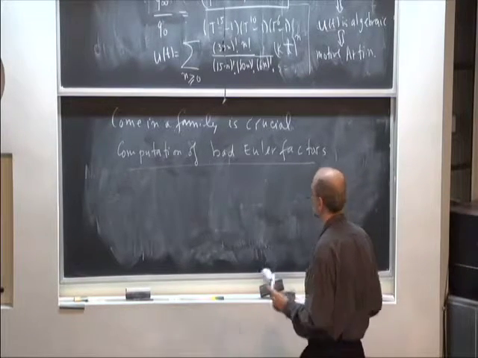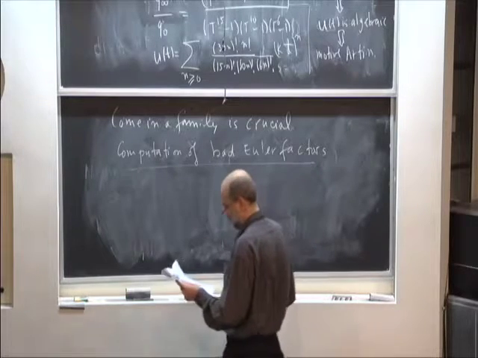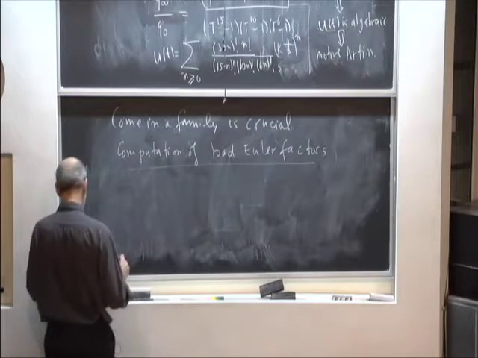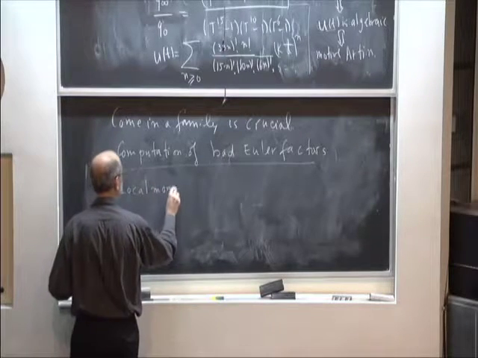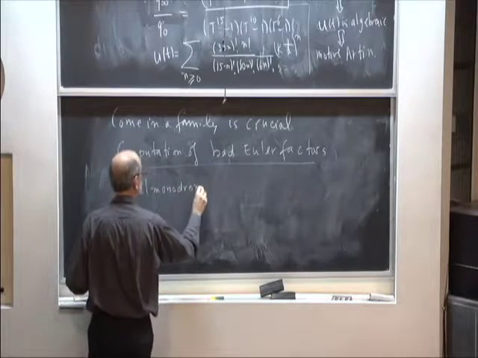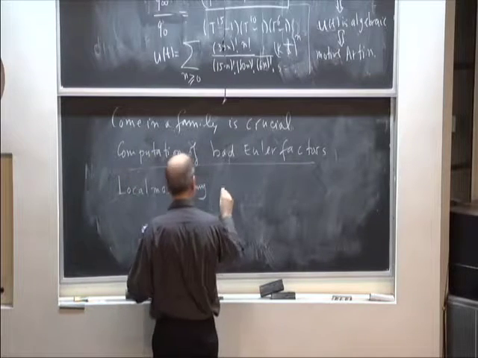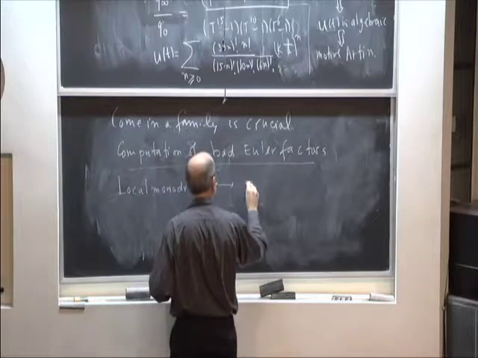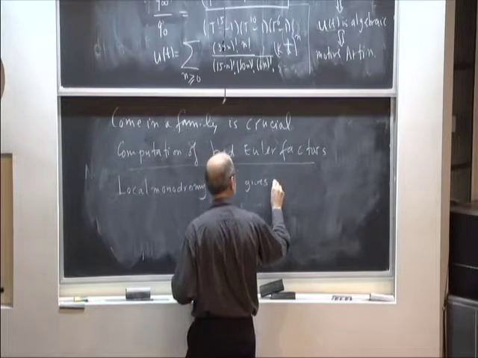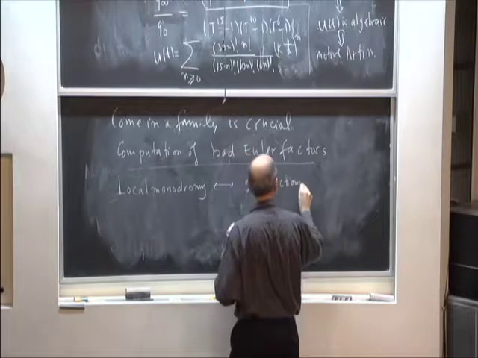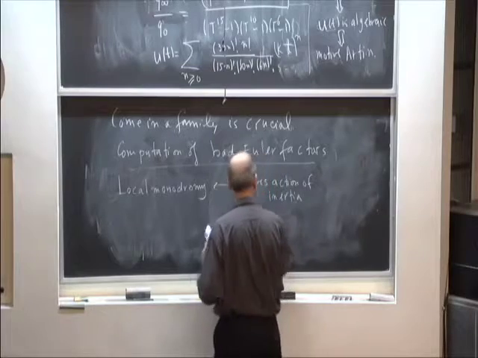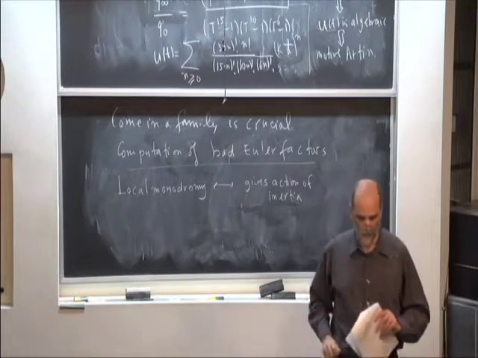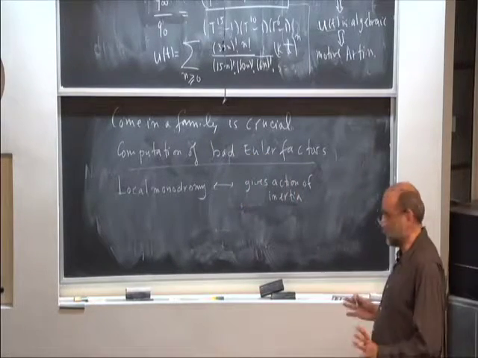I don't know how to do it in general. But let me tell you how I think things go. The answer here is that the local monodromy gives the action of inertia. And this is a leap of faith that perhaps somebody could explain to me, because these are a priori completely different things.